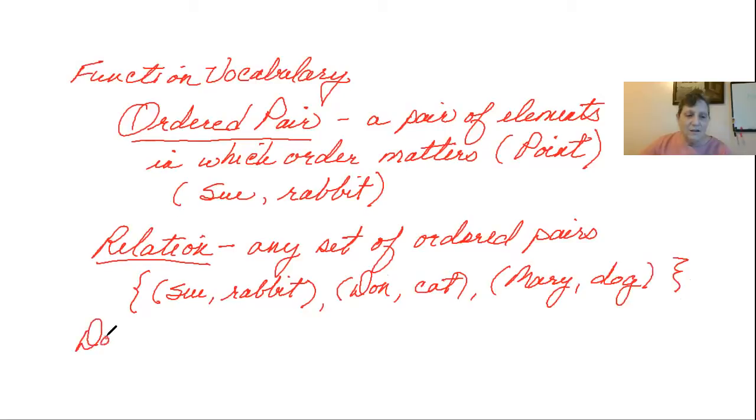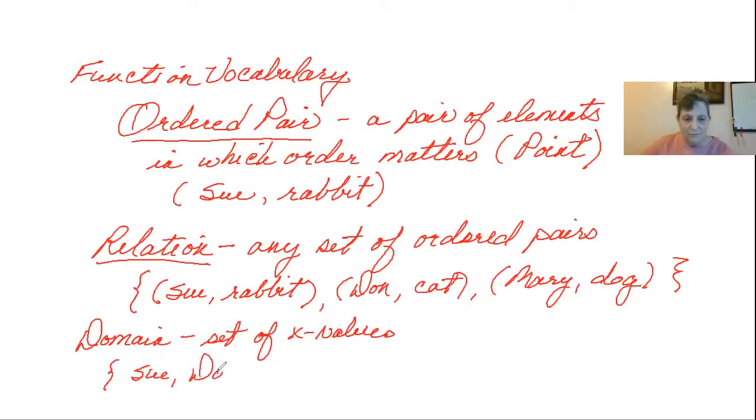The domain of any relation is the set of first elements. A lot of times we use X to represent the first element, and then Y to represent the second element. So the domain is the set of X values. In this case, the domain would be Sue, Don, and Mary.